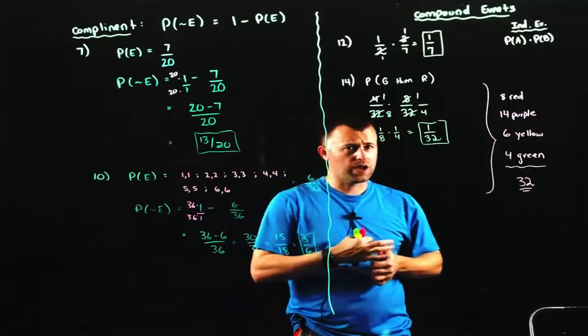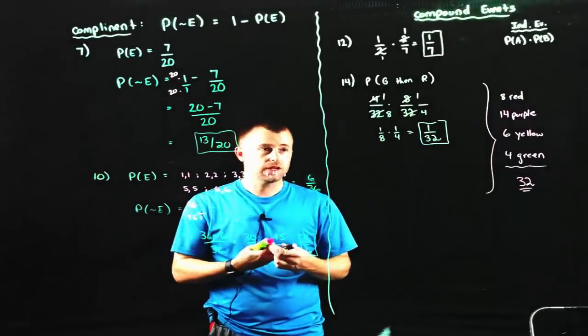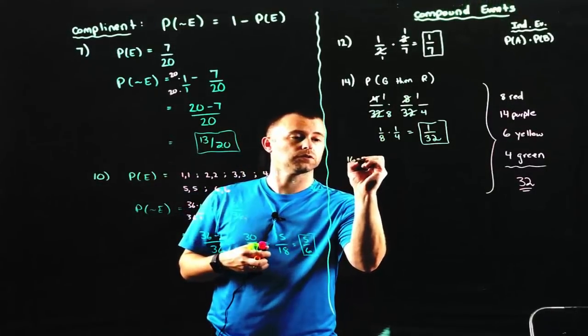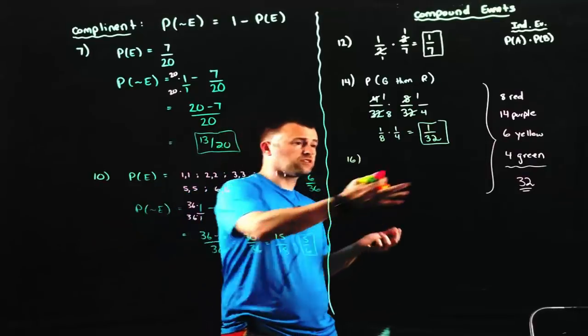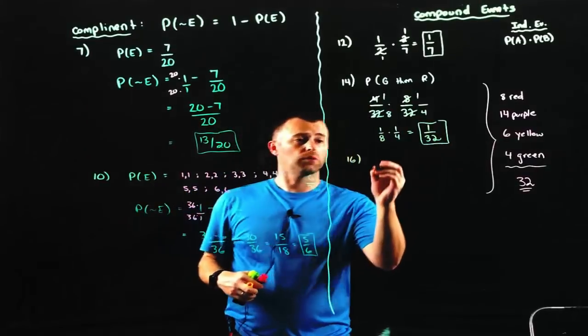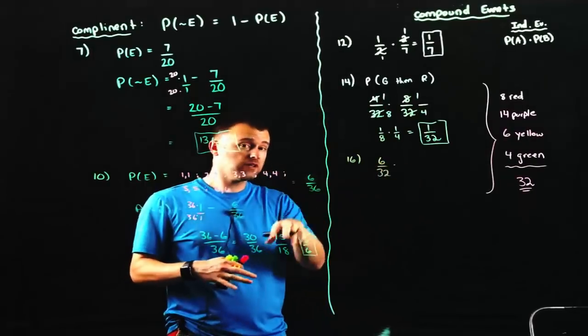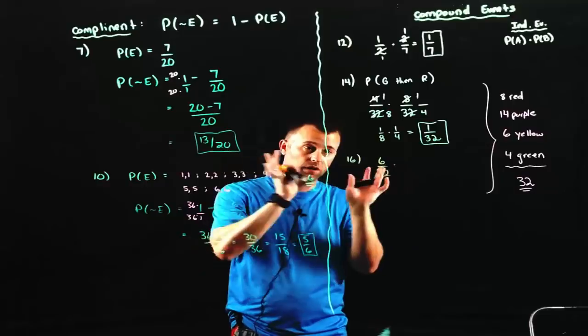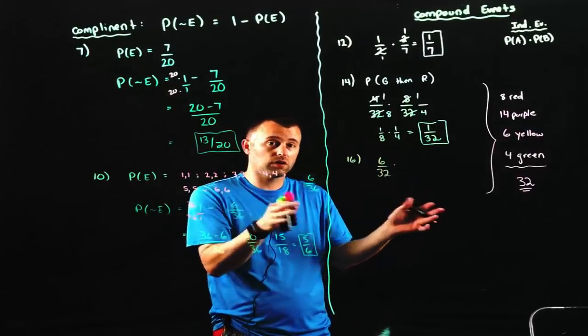Obviously the odds are going to go down when you need 2 things to happen back to back. So when we do 16, I want to get 2 yellows. So I'm going to look at this one. I have my 2 yellows. Again, there's 6 of them. So I'm going to have 6 out of 32, and then I'm replacing it. So that means at this point, it's an independent event because they are not related at all because I've replaced it.